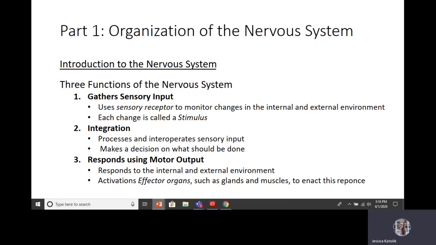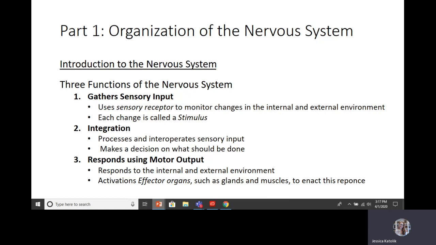And then what happens with integration is once we get a picture of our external and internal environment, our brain and spinal cord is going to make a decision what to do about that. So that would be integration. So really integration is about understanding the stimuli that our nervous system is collecting.